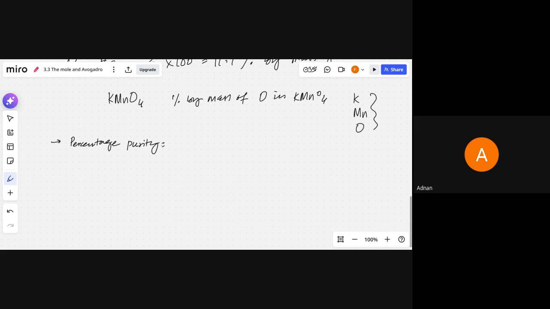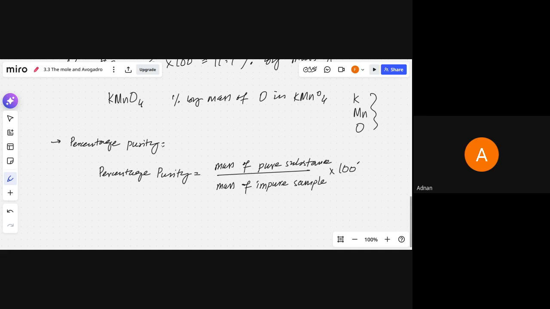It also has a formula: percentage purity equals the mass of pure substance divided by the mass of impure sample, times 100, right? So let us solve a question on this.